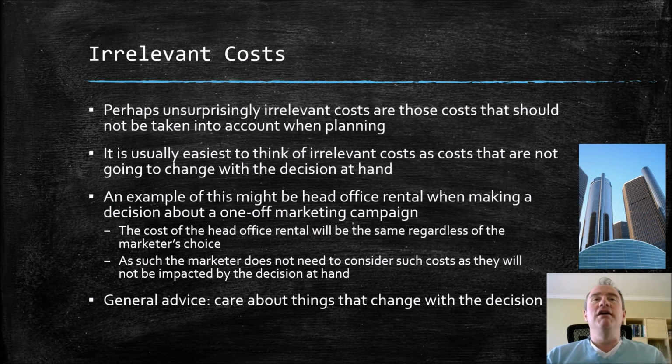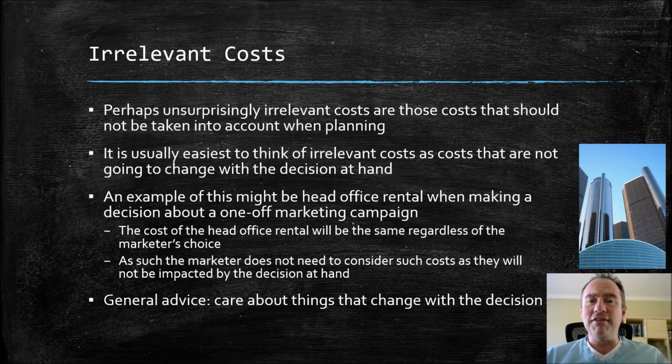What's irrelevant? And these irrelevant costs shouldn't be taken into account. These are things that are not going to change with your decision at hand. So you might be planning an exciting new marketing campaign. Well, pretty much whatever you do, the cost to your head office is going to be there. It's possible in some accounting statement you might get some sort of charge from the head office or something like that, whatever. Different accounting systems do things differently.